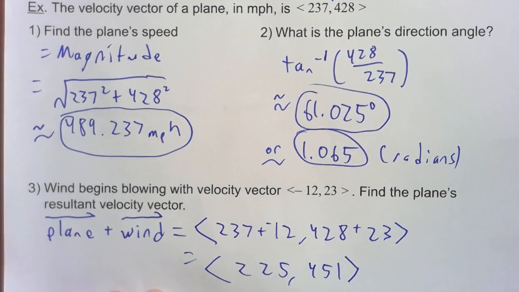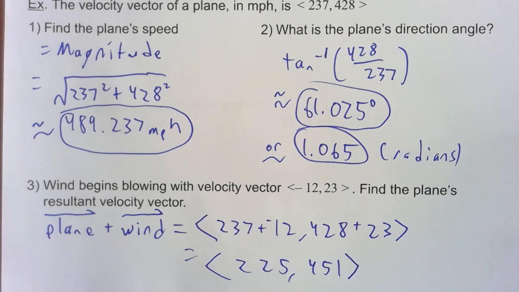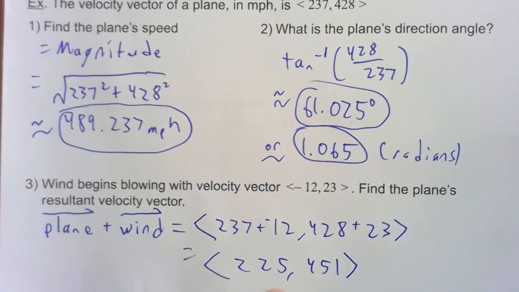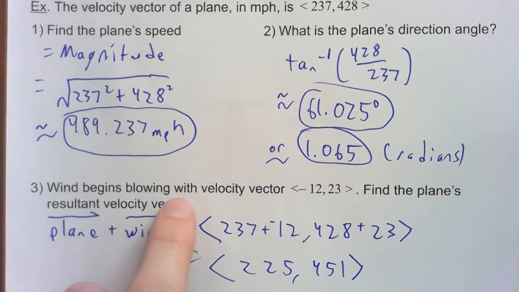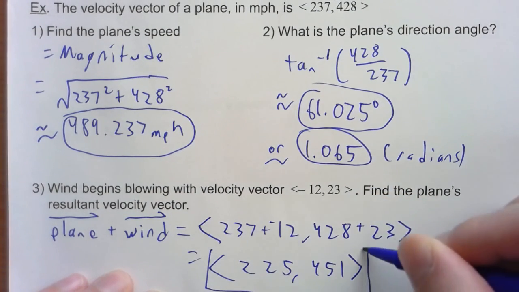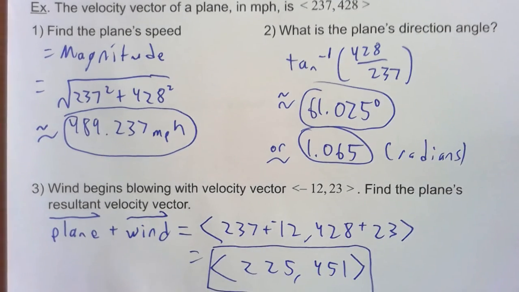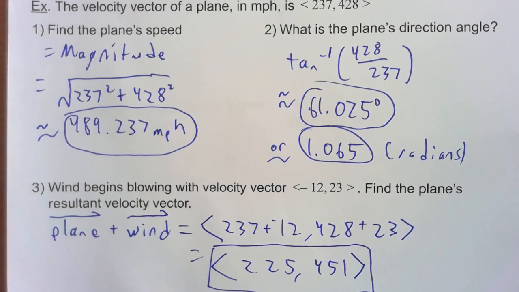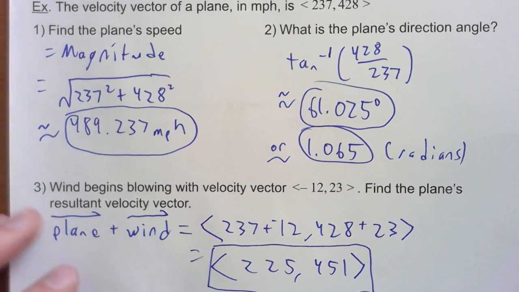All right, so unless the pilot adjusts their course and adjusts how the engine is propelling the plane forward, this is going to be the new way that the plane is flying based on the wind blowing it off course. So the resultant velocity vector, that's the result, that's the endpoint, that's the new thing that's happening.